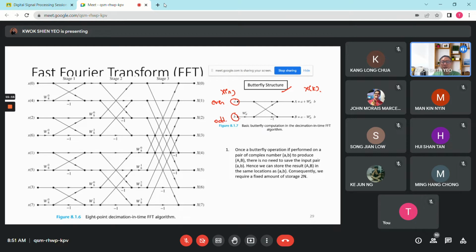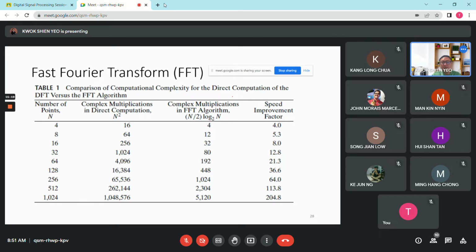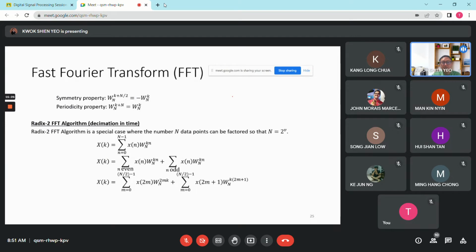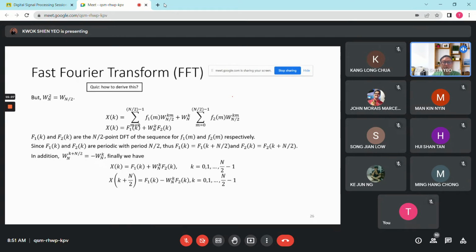So according to the butterfly, decimation in time FFT, if you have xn, you have to group the even number here and the odd number here, right? The odd entry and even entry.